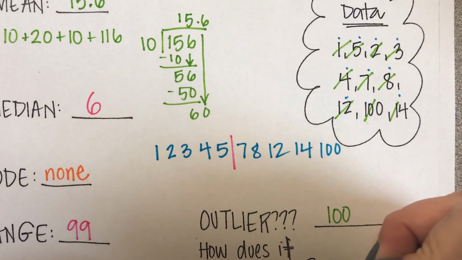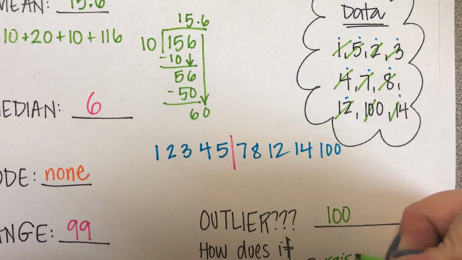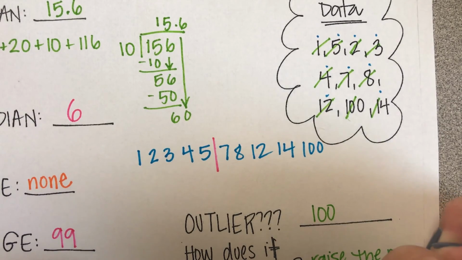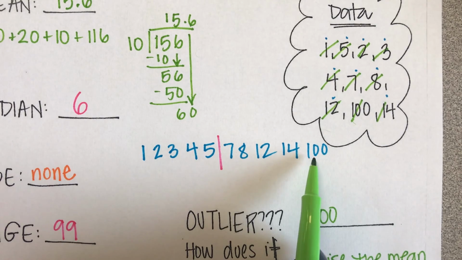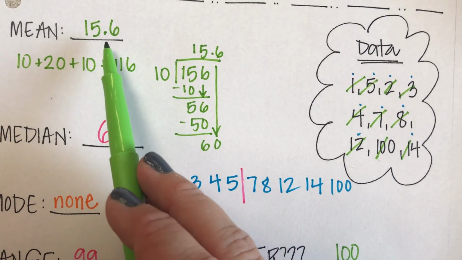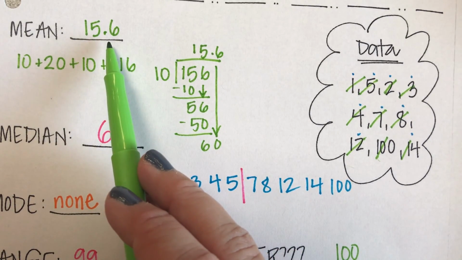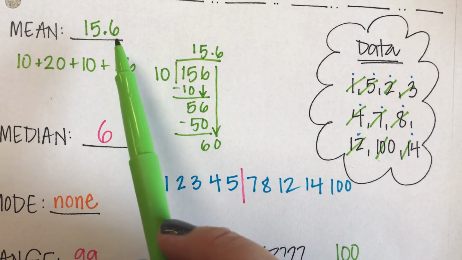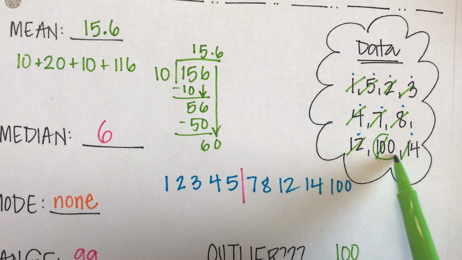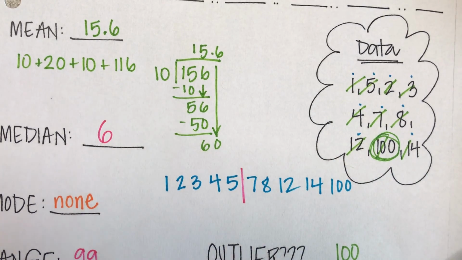And it is going to raise the mean, right? Is our average number of pets in our class, 15.6, really a good average? No, right? The average person doesn't have 16 almost pets, right? This one number was so much higher that it skewed our data, and that's called an outlier.